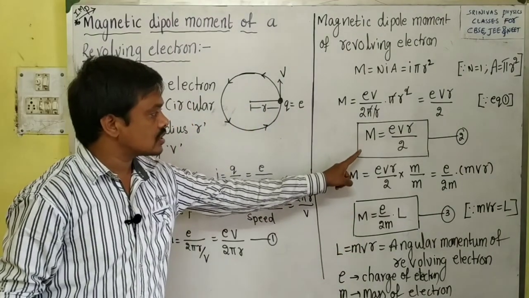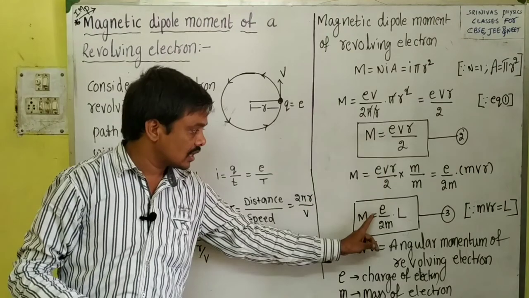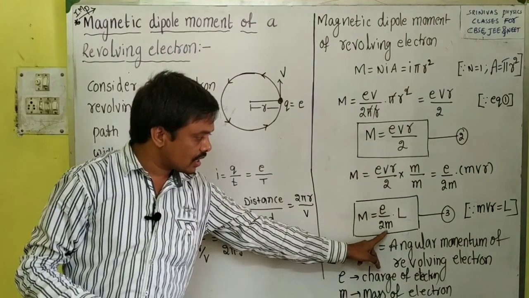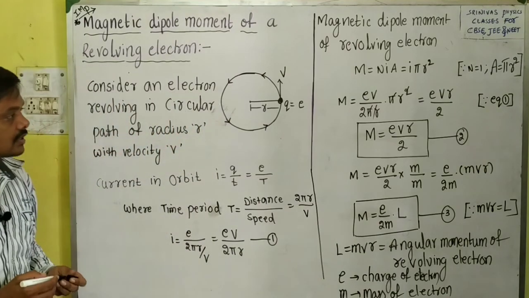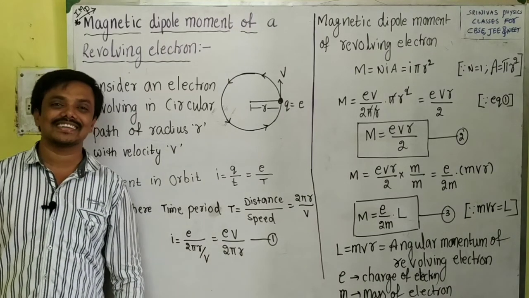The one is in terms of charge of electron, speed of electron, radius of orbit, and the other is in terms of electron charge, mass and angular momentum, right? Take the screenshot and note every point, and this is the most important topic.